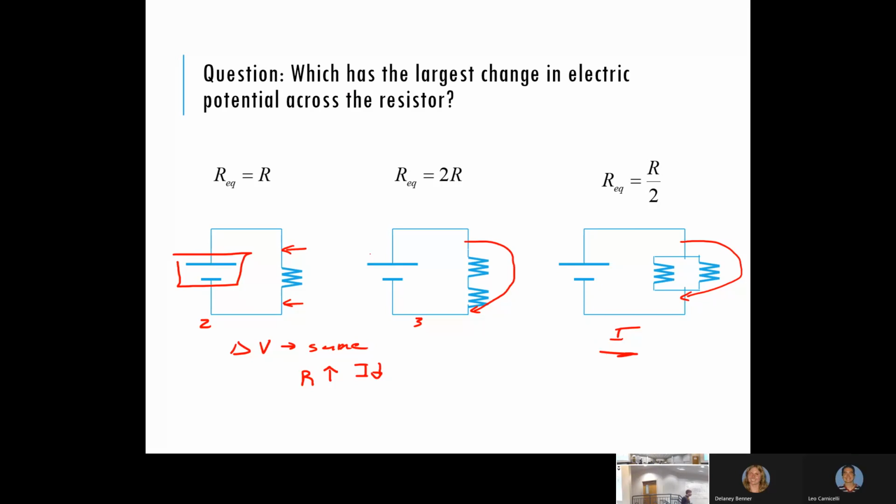Yeah, the high current one means that the battery is using up all of its, quote unquote, stored energy the fastest. So not only do you have the high current, but also that battery is going to get replaced faster.